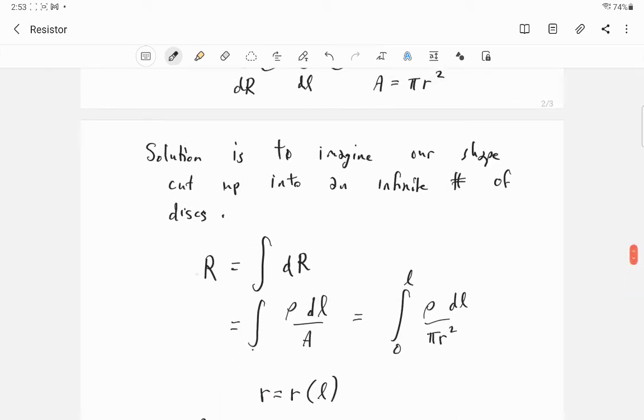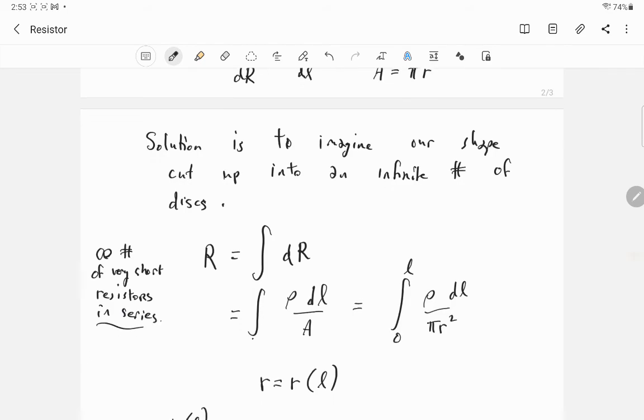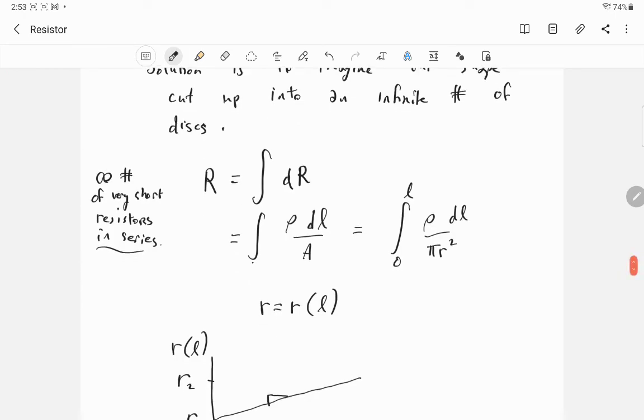This step right here, you might keep this in mind. This is an infinite number of very short resistors in series. And there is a rule that you would have learned in your laboratory already: resistors in series add.